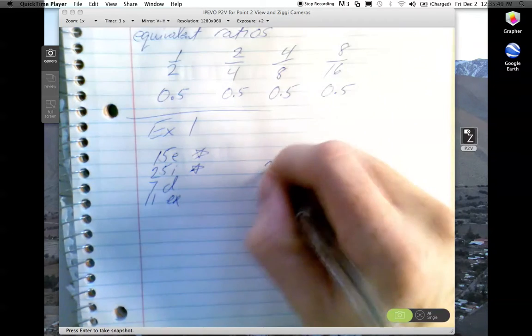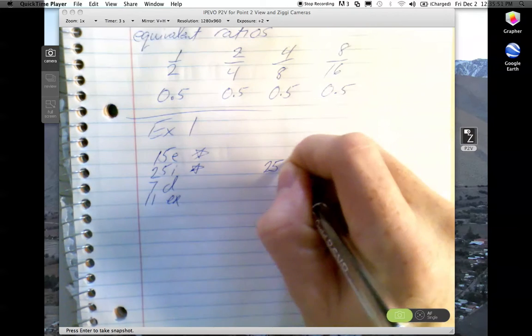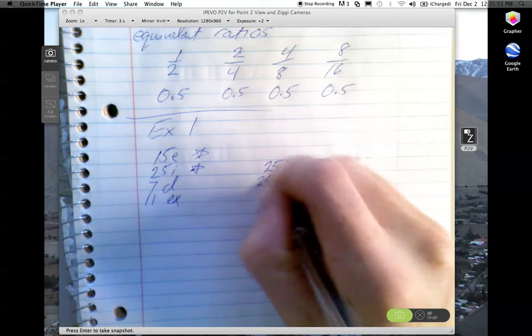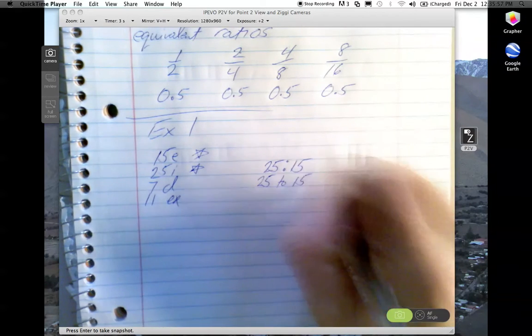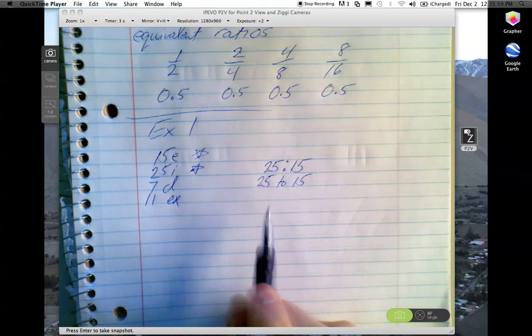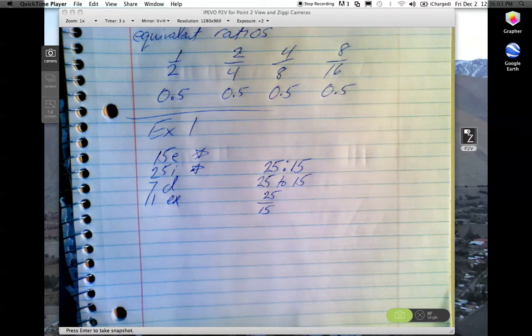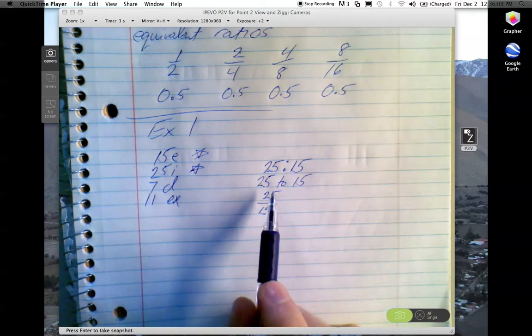So that would be 25 to 15, 25 to 15, and 25 over 15 is the 3 ways that we can write this. Now, notice that we could probably reduce this. They both have a factor of 5 in them.